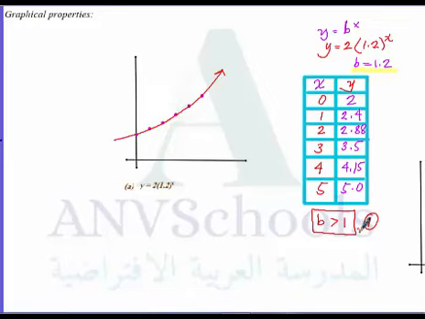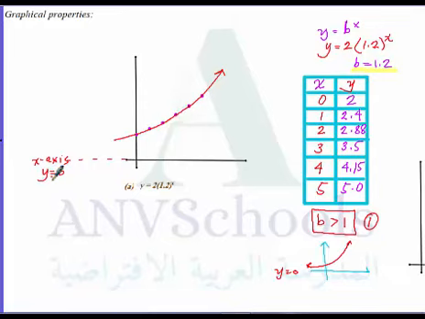If b is greater than 1, you would notice that the graph is somewhat like this. And we will have an asymptote at y is equal to 0, or the x-axis. The x-axis and y is equal to 0 are just the same.